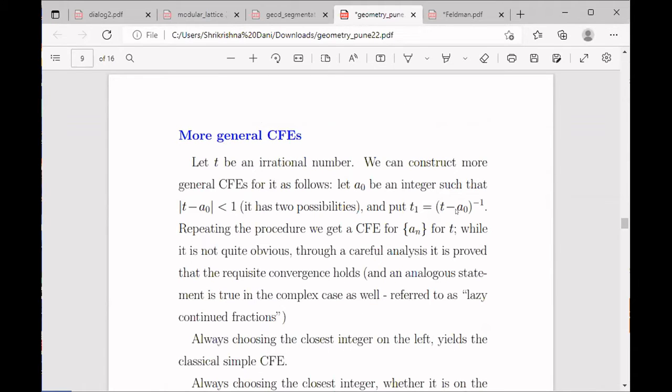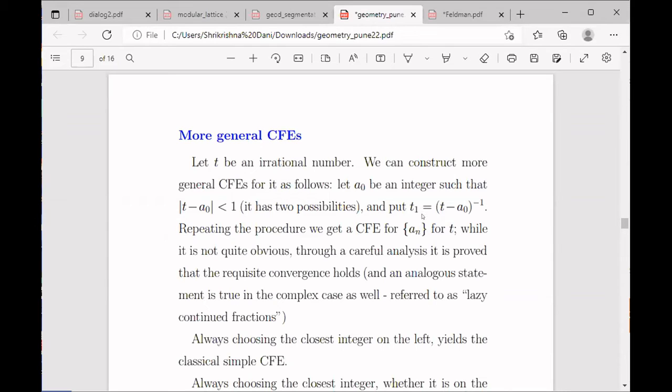Okay, so now we are going to go out of the comfort zone of the simple continued fraction expansion. After all, why should we always keep taking the largest integer away and look at the difference? So here is what I'm going to propose. We can construct more general continued fraction expansions as follows.